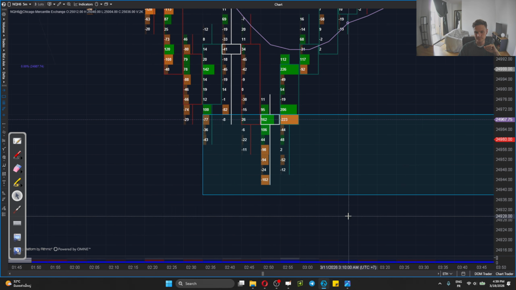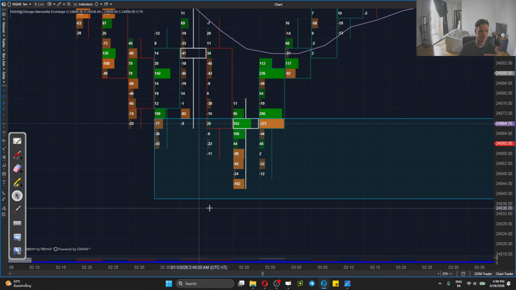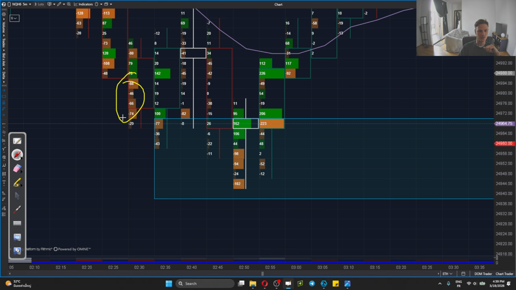So as we're going down into this area here, as price is coming down into this area, we see some pretty aggressive sellers, which are somewhat efficient at driving price to the downside. But the closer we get, what do we see now at the lows?